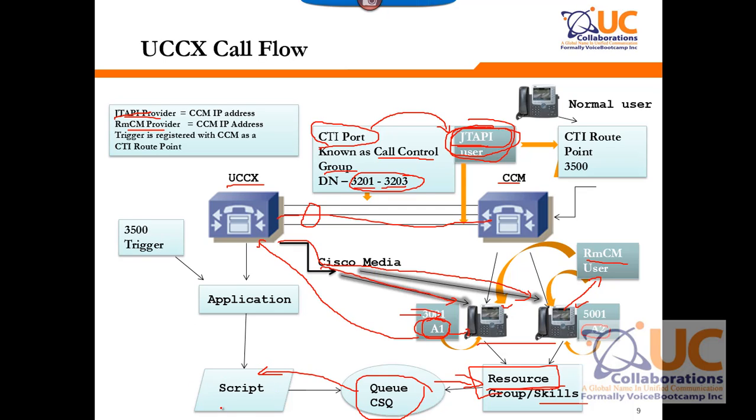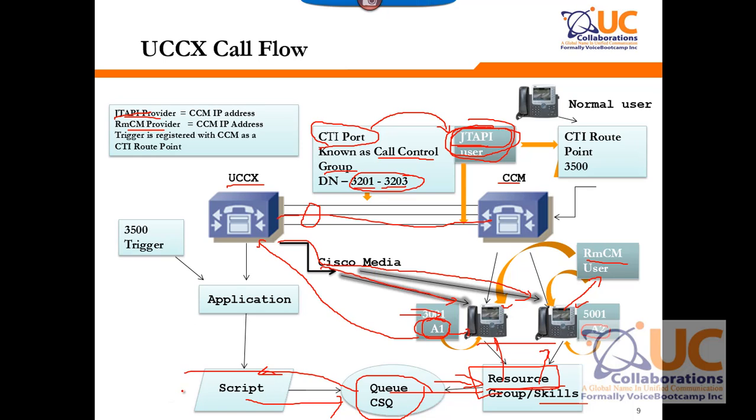This is the script that you or I will write to execute our call center call. Now, the script is programmable. It's basically programming, so you need to think of your imagination of what you want to do with your program. But at some point in the script, the call will be sent to the queue. The queue will then send the calls to the resource group, which will send the calls to an available agent who is logged in.